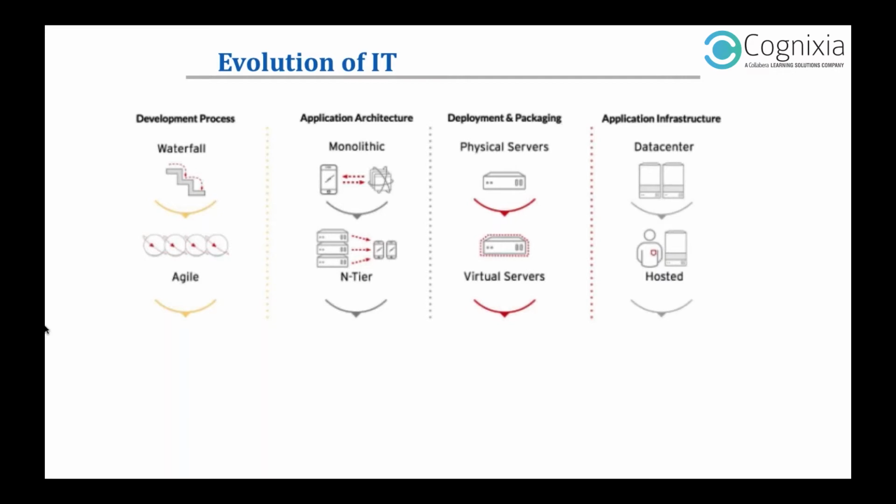On the application infrastructure, earlier we used to maintain our own physical data centers, like server, storage, network, rack, and everything. But when it comes to 2008, we got some hosted models, like we have Reliance Data Centers, TCS, NetMagic and many other companies where we said, here is my hardware.